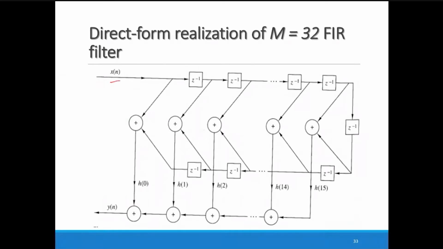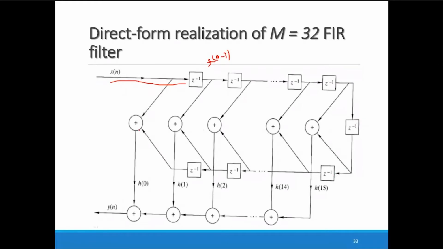So here you can see x of n is given, it passes through z inverse, and you get x of n minus 1, the first delayed point over here. Similarly, x of n minus 2, n minus 3, n minus 4, n minus 5, n minus 6, and up to this point.